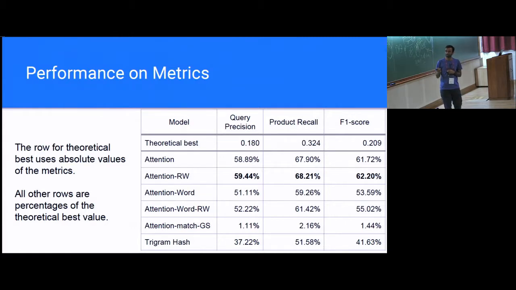Our hypothesis is that the graph has too many clusters, product clusters, product categories, and GraphSage is not able to separate out each of these clusters in its embeddings, and that is reflected even when our attention models try to match that. Trigram hash is a simple text-based similarity measure which we use as a baseline, and we get almost twice as good as the baseline.